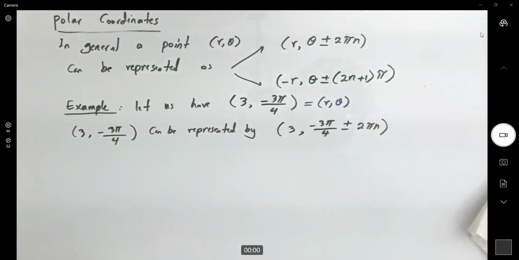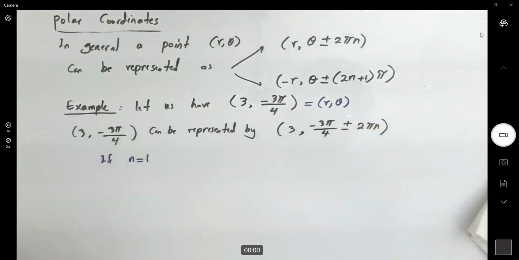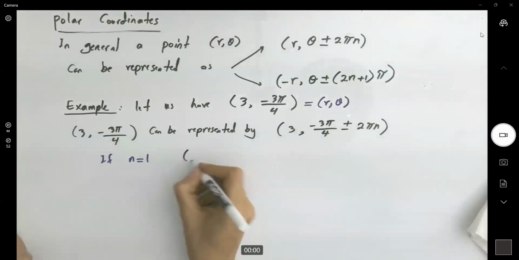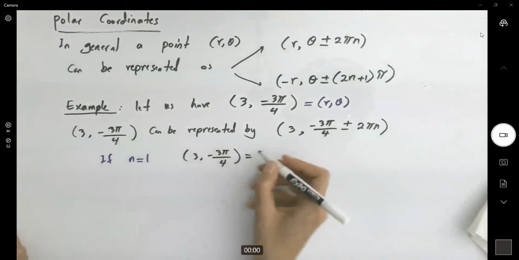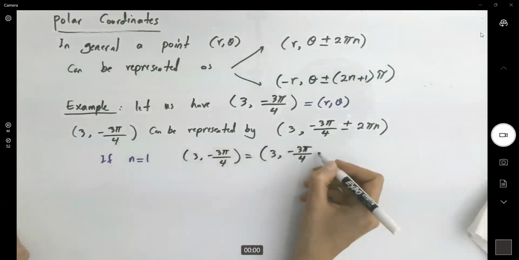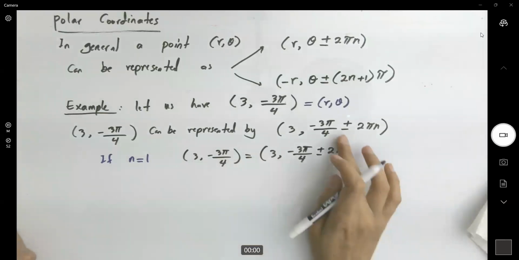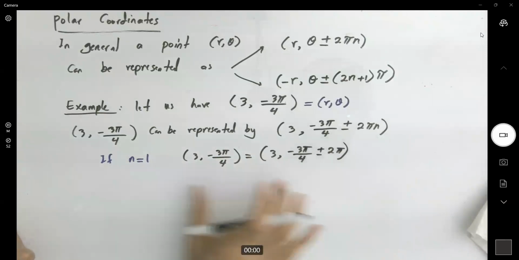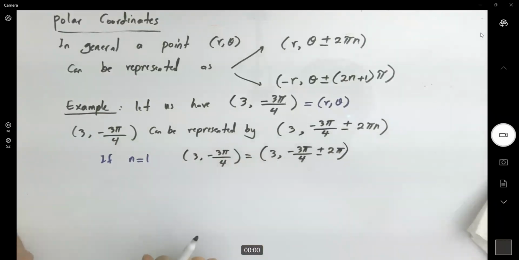Okay. For example, if I plug in 1 for n, then 3 and negative 3 pi over 4 has another representation, 3 and negative 3 pi over 4 plus minus 2 pi. These points, they are representing the same location, the same position.